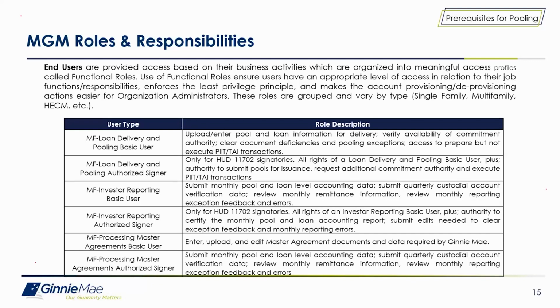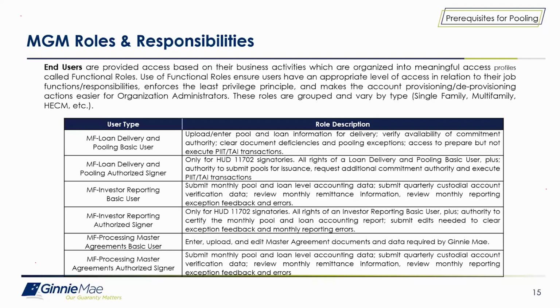If they're an authorized signer, they only get the authorized signer role. If they're only going to do basic user work, just give them the basic user. That's one of the reasons why GenMA does this, to make sure you only get what you need to actually do your work. You don't need to get all the roles in MyGenMA, just the ones that let you do your function.